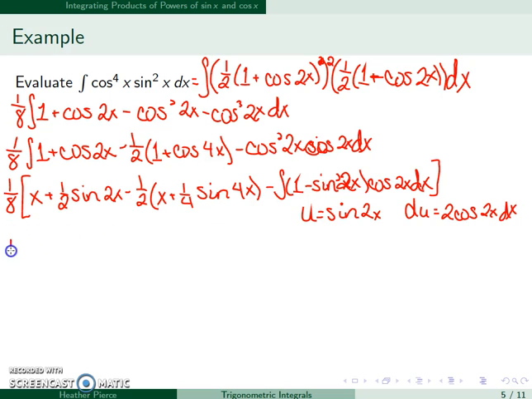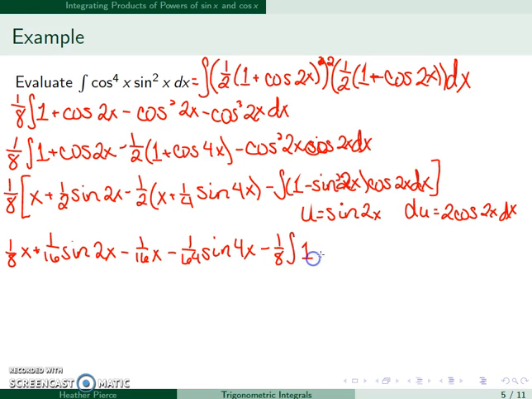Multiplying some of this out gives me 1/8 x plus 1/16 sine 2x minus 1/16 x minus 1/64 sine 4x minus 1/8 times the integral of 1 minus u squared, and then this will actually have to be 1/2 du, since I would need to divide this equation by 2.